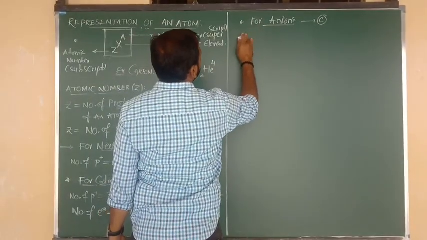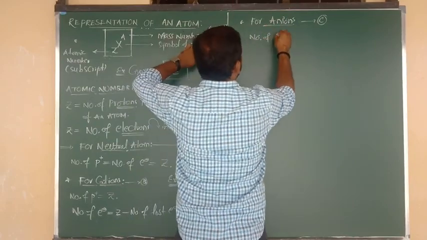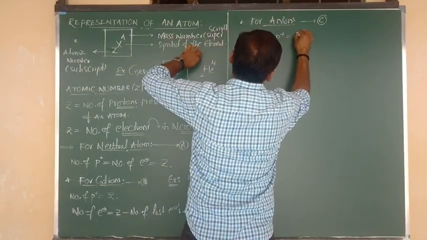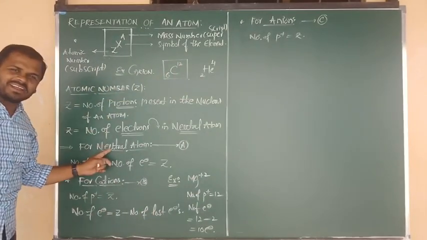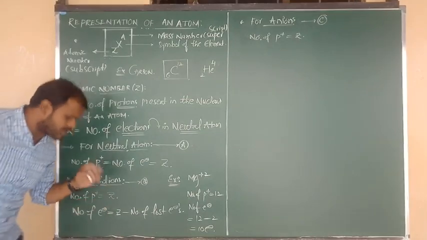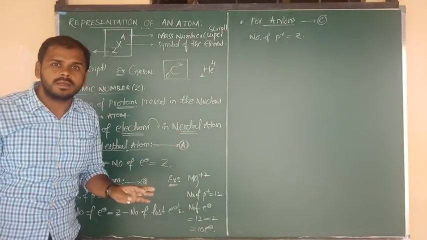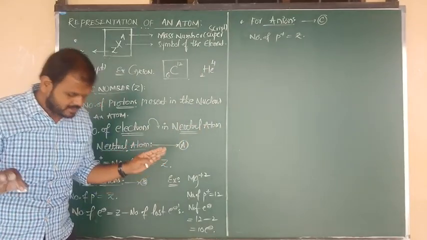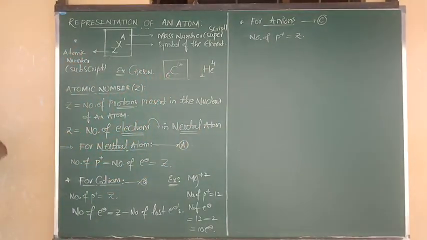We can calculate the number of protons, and again it is equal to Z. Once again, for a neutral atom, number of protons equals Z. For cations, number of protons equals Z. For anions, number of protons equals Z. Means there will be no change in the number of protons.